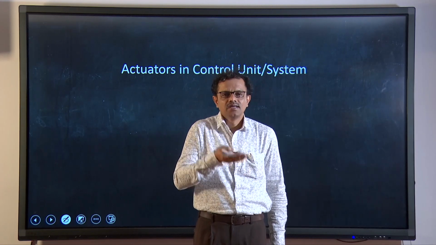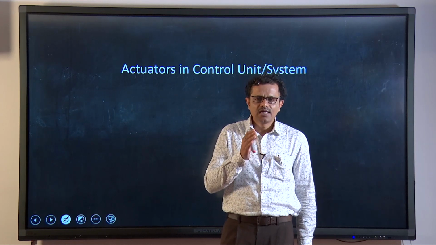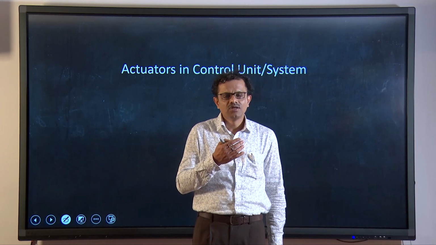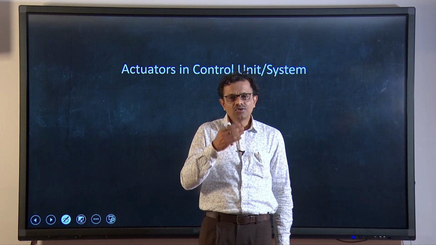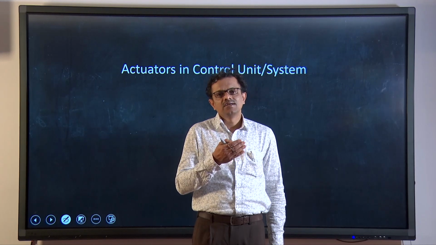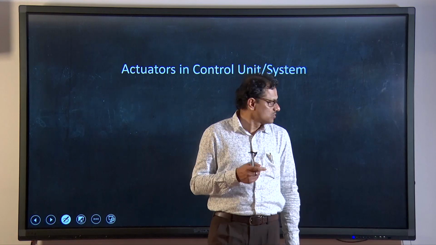So, that is a mechanical output. Actuators are important elements for the electronic control unit for the control of air fuel ratio, ignition, and EGR, that is exhaust gas recirculation.